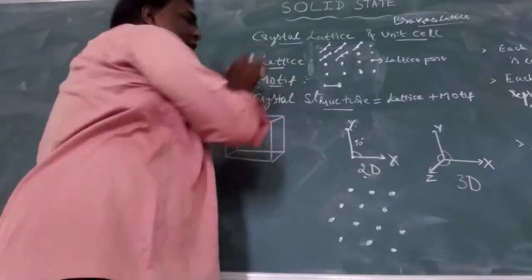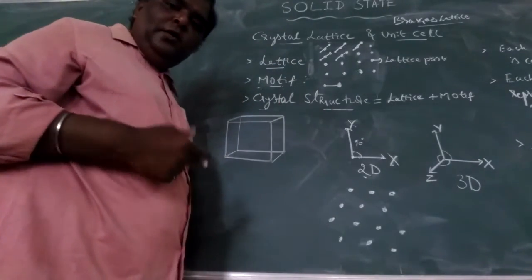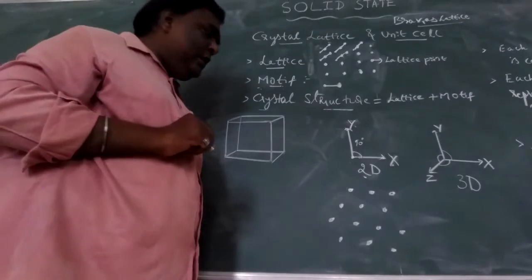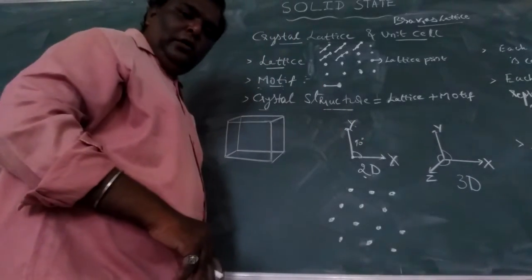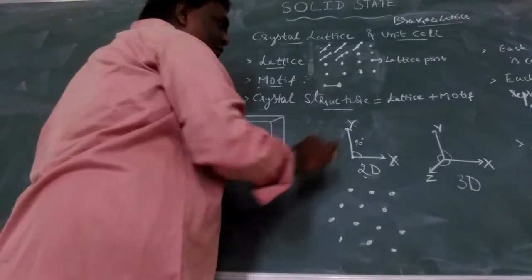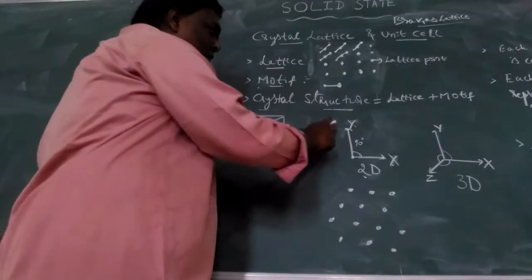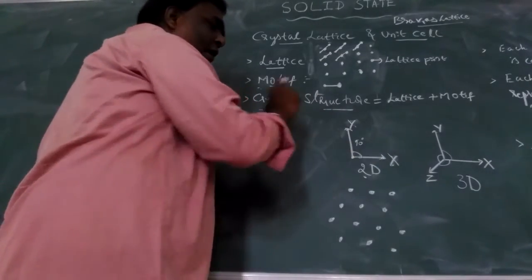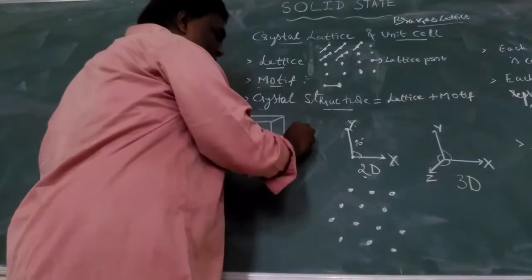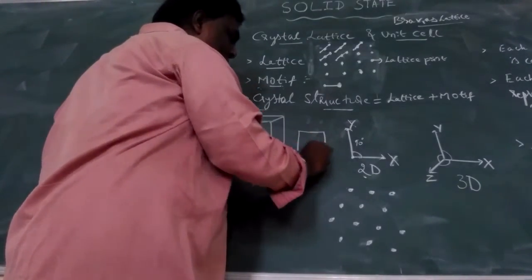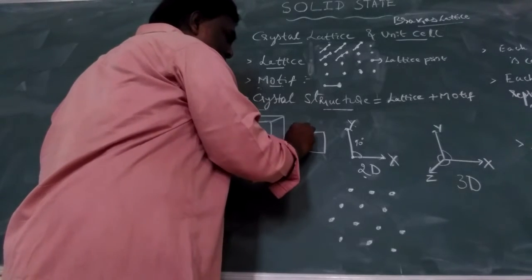In the case of lattices, there are two types: two-dimensional and three-dimensional. Two-dimensional lattices are formed in the x-plane and y-plane.